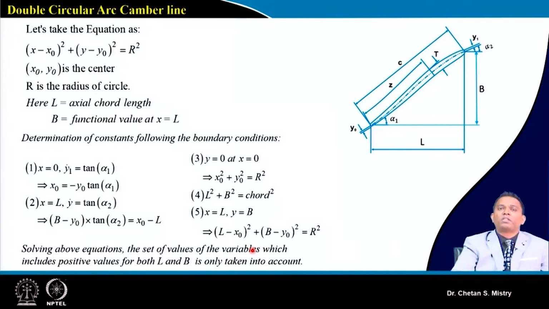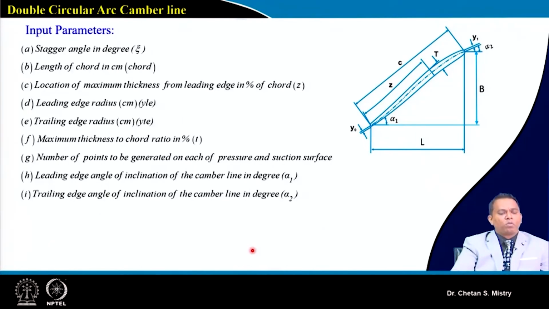Now there are different methods, people opt for different kinds of double circular arc camber line. This is one of the methods. One more method that has been discussed, we will see. In order to develop this double circular arc camber line, this case is straightforward, we have 3 boundary conditions, and that is sufficient for us.